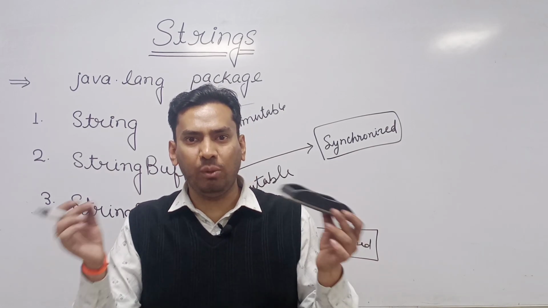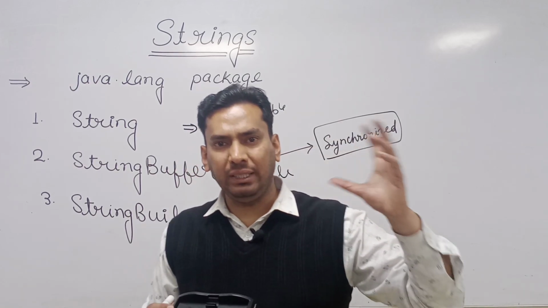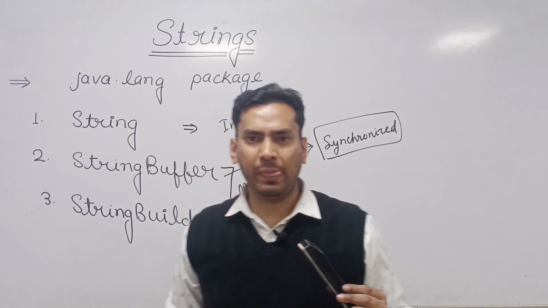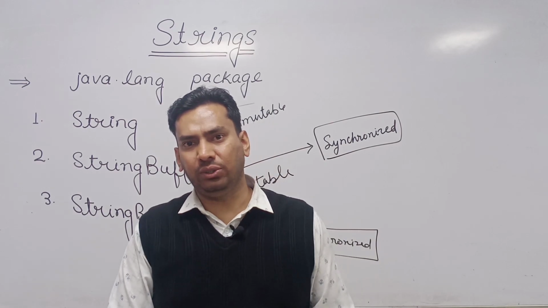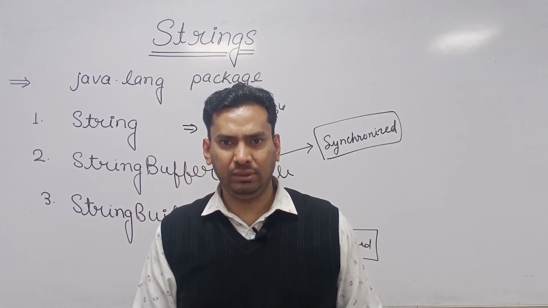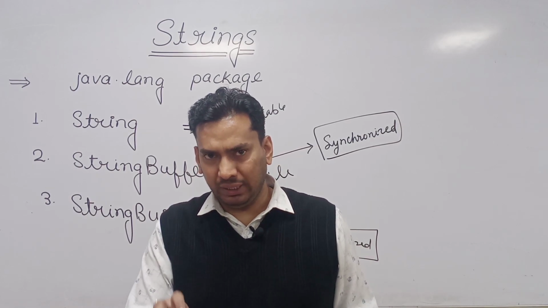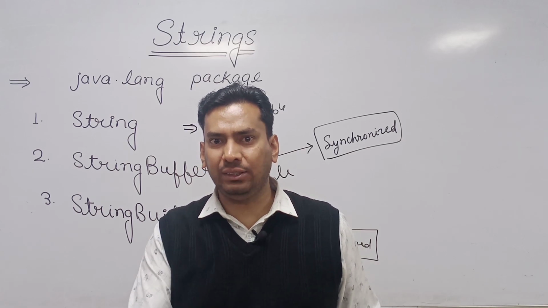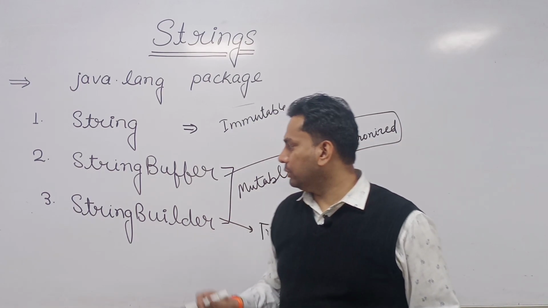Synchronized means no parallel operation is allowed. It means multiple threads will not be allowed to access it simultaneously. Like the live example of synchronization is the trial room in the mall. You want to try something, you go to the trial room, so there is some synchronization. You should not allow two people to get access to the trial room simultaneously. So in those cases you can use synchronization.